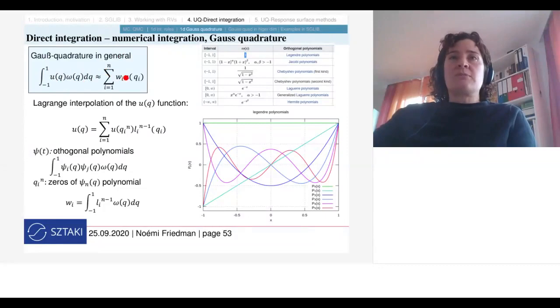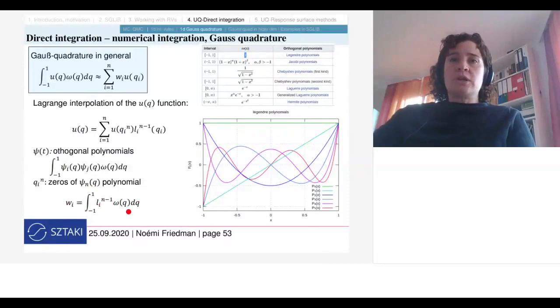This can be approximated by the values of the u function at certain integration points times the integration weight, where u of q is approximated with n Lagrangians, and the points are chosen to be the 0 points of this polynomial, and the weights are computed from the integral of the Lagrangian functions.